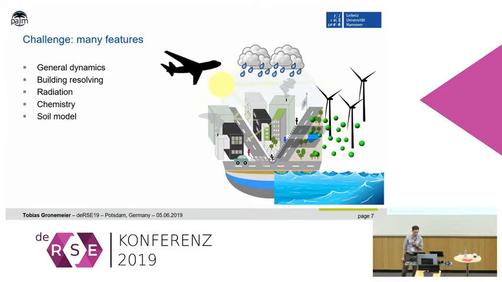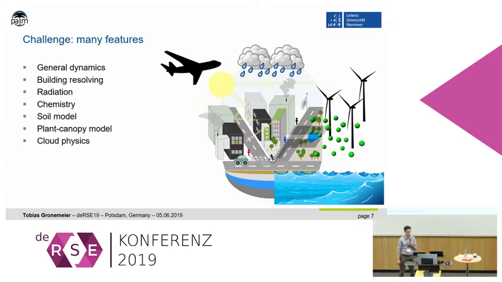We have a soil model, so that we also simulate how the temperature and the humidity, or the water, goes into the soil and also out of the soil into the atmosphere. We simulate the plant canopy. So we have a plant canopy model, so we have actual trees in our simulation, and we have the interactions between the trees and the atmosphere.